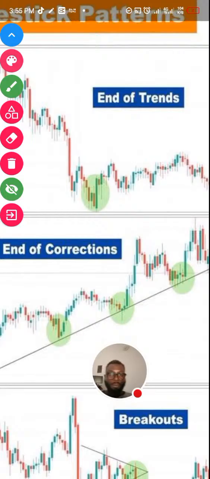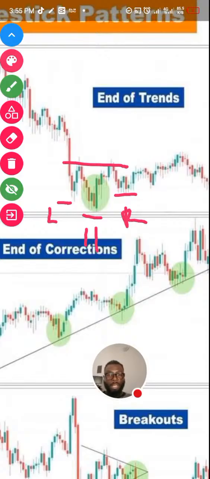Another thing we have here is patterns, which I said earlier is in the book. We have a head and shoulders, inverse head and shoulders here, and this is the neck. This is the left shoulder, this is the right shoulder, and this is the head. Once you spot an inverse head and shoulders pattern, it is a bullish reversal pattern, and that tells you the trend has ended.